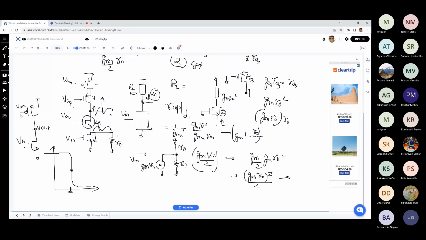So one of the ways of biasing this may be that you can, for example, put a big resistor over here. This resistor is pretty big, so that the DC potential over here gets established because of the V out itself, and then you can put another resistor over here, and then you put a big cap over here between this point and VDD. So this is what we used to do in the lab. This RG1, RG2 is very big.